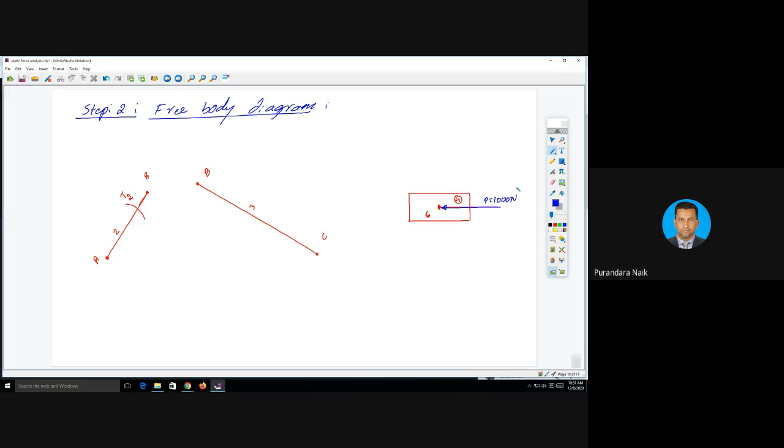While showing the forces, we need to identify the link where we have a known force. In which link do we have a known force? Which link of these 3 links has a known force? Please, can anyone tell? Mohammed Gauss, can you tell me the link which has the known force out of these 3 links?